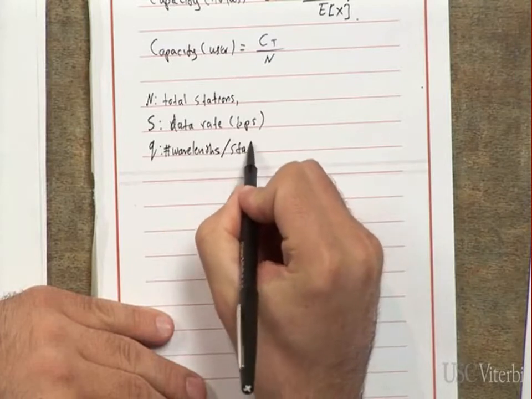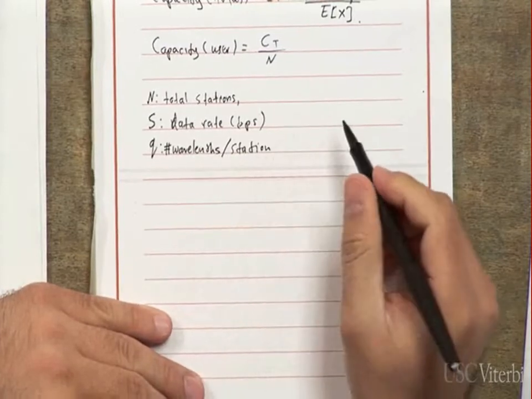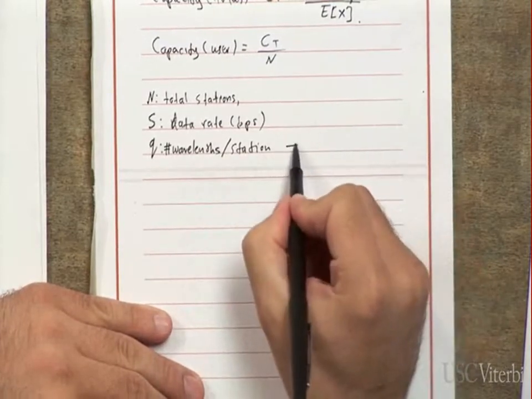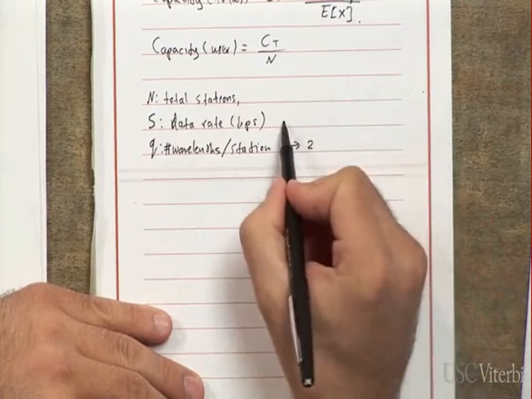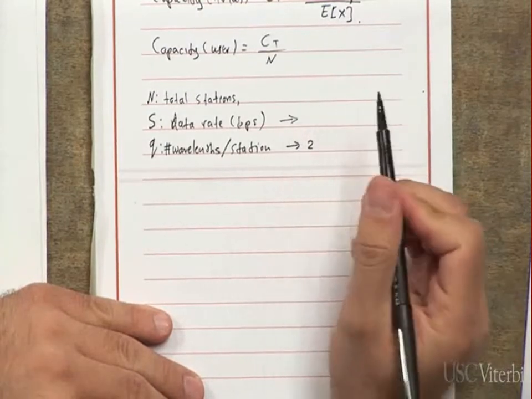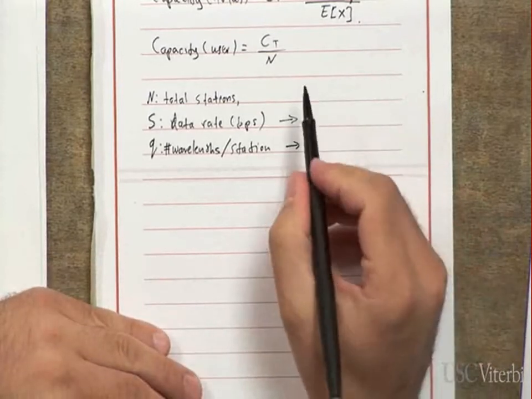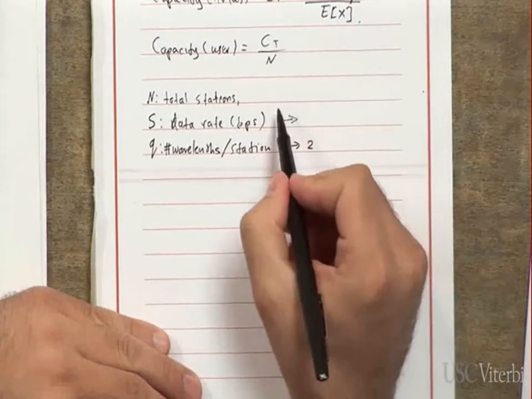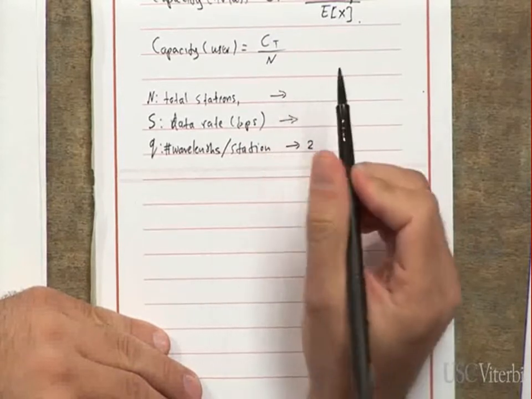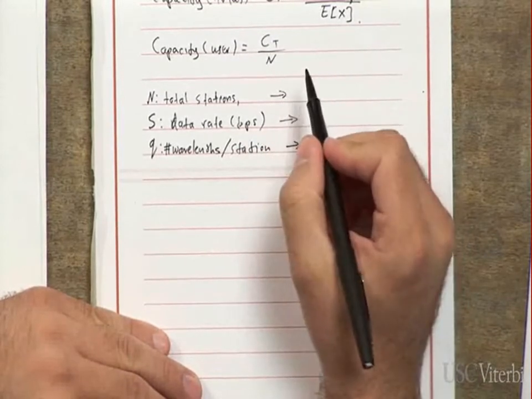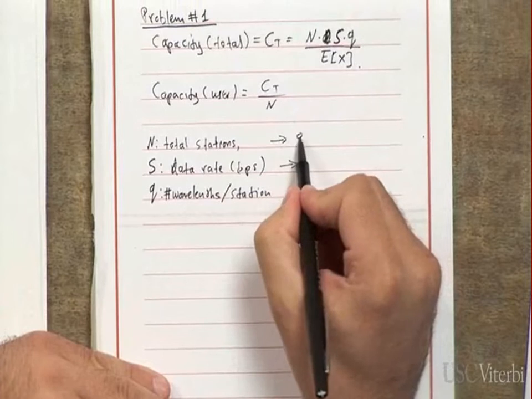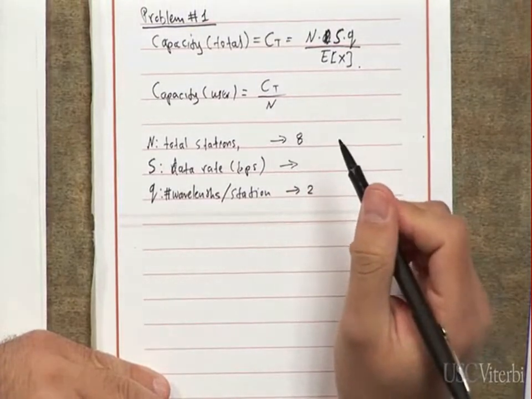In our case, Q is equal to 2. In our case, S is just unknown, S. We don't have a value. And in this particular case, how many stations are there? 8. Okay?